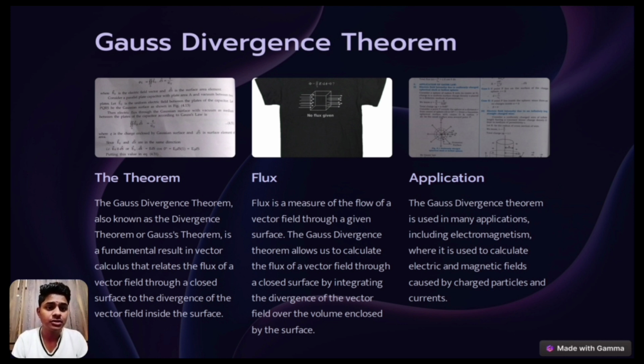Flux is a measure of the flow of a vector field through a given surface. The divergence theorem allows us to calculate the flux of a vector field through a closed surface. Next, the application. The Gauss divergence theorem is used in many applications including electromagnetism, where it is used to calculate electric and magnetic fields caused by charged particles and currents.